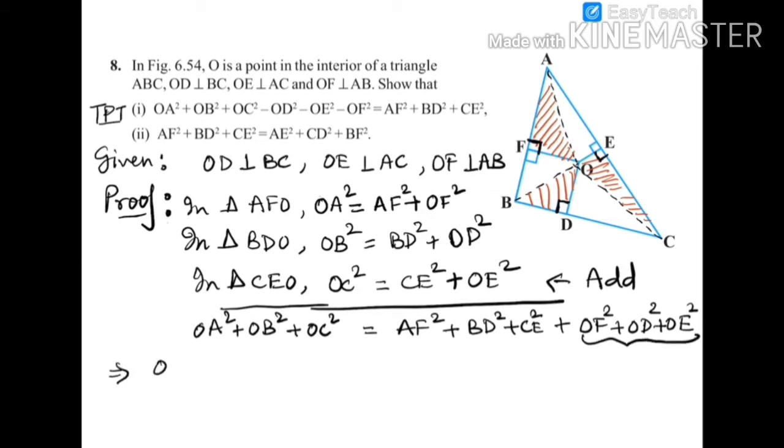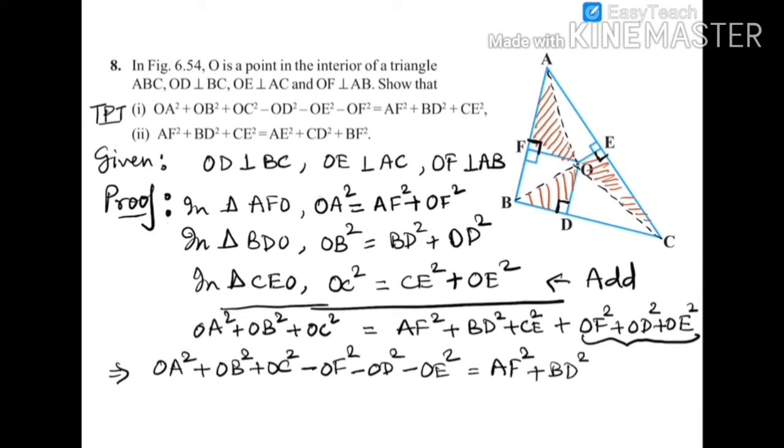So we will get OA square plus OB square plus OC square minus OF square minus OD square minus OE square equal to AF square plus BD square plus CE square.